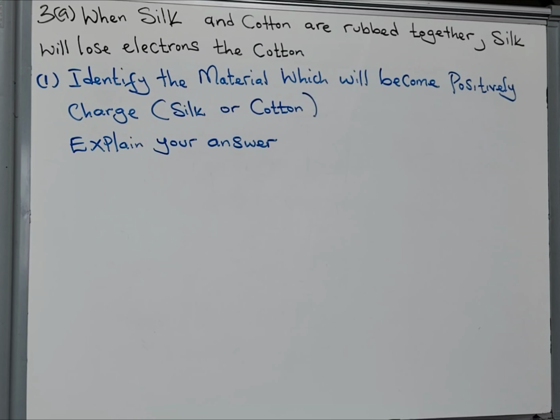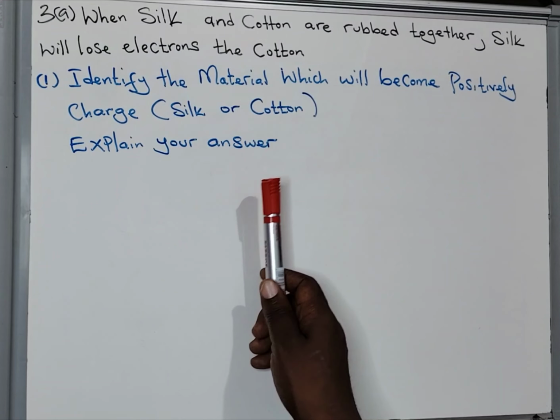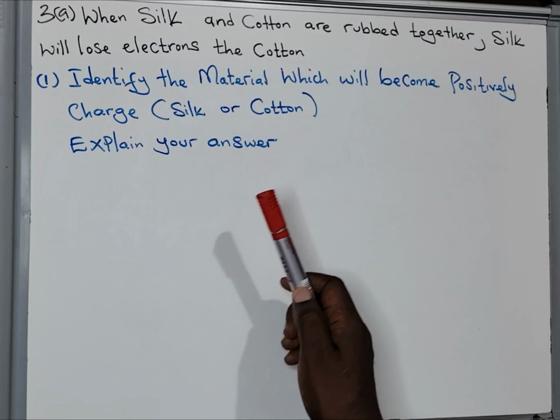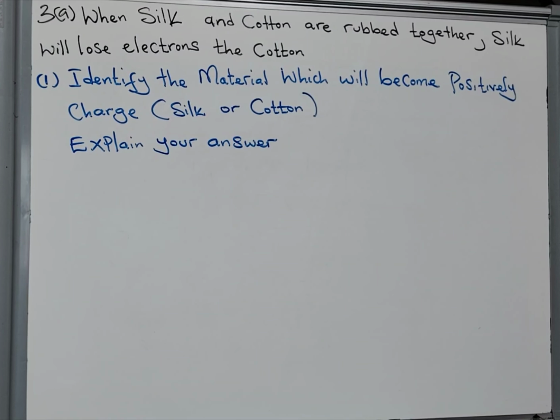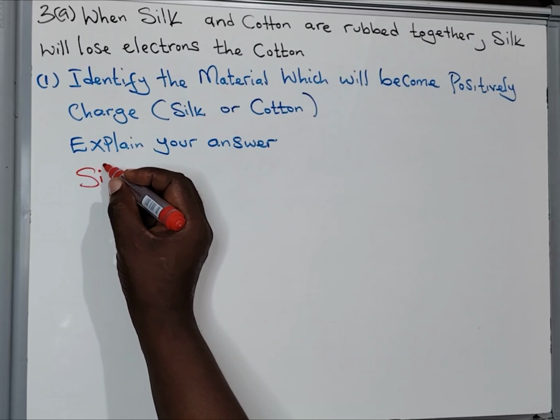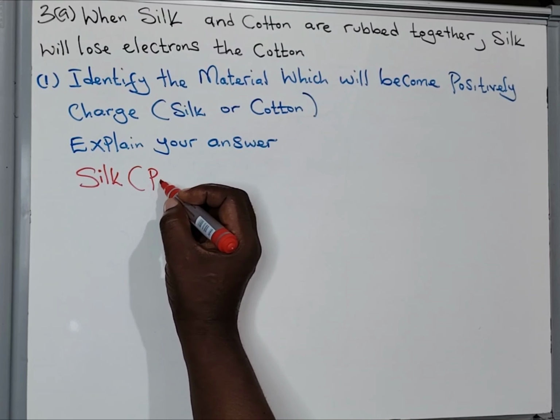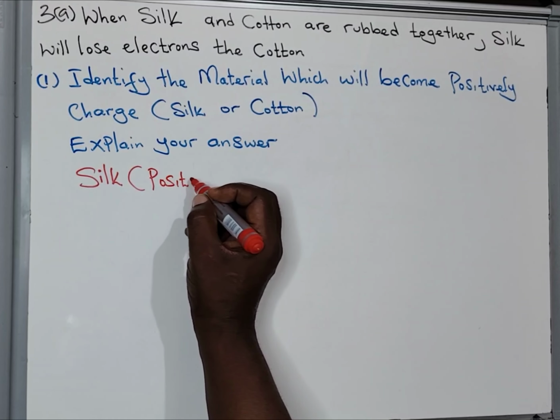The material which gains electrons becomes negatively charged, and the material which loses electrons becomes positively charged. So which material will become positively charged? It's the one which loses electrons, and it is silk. Silk will become positively charged.